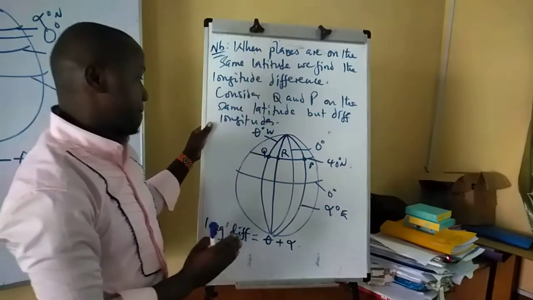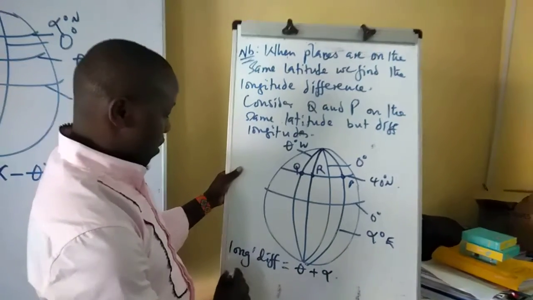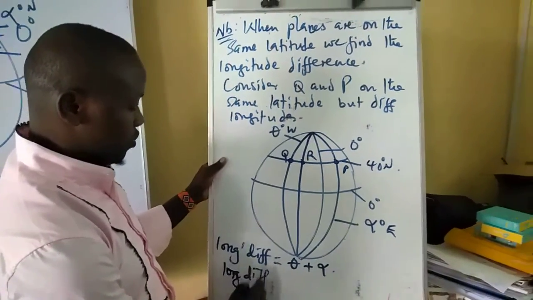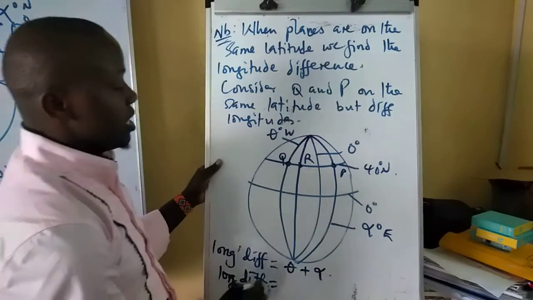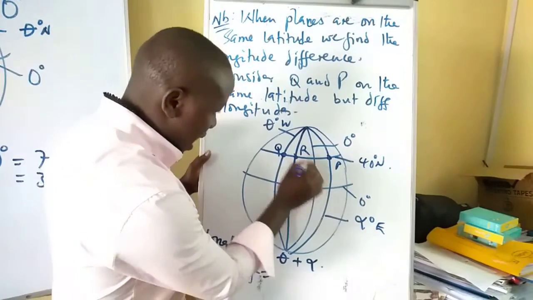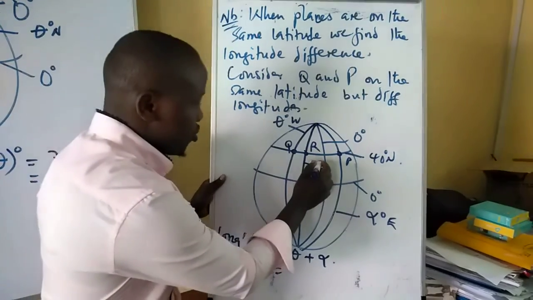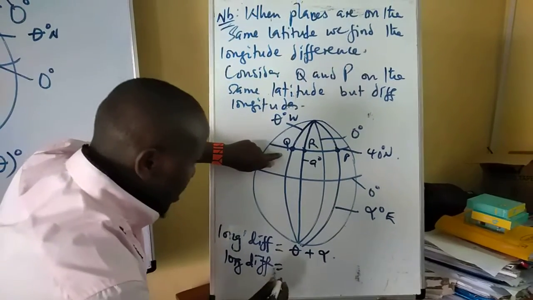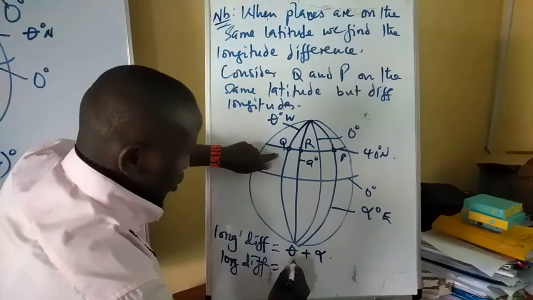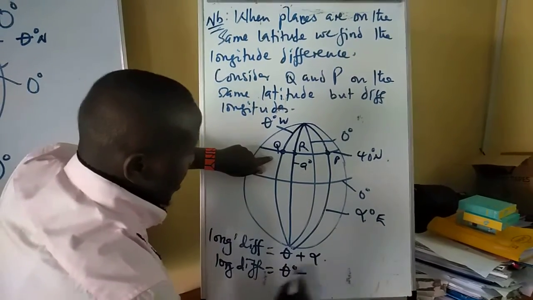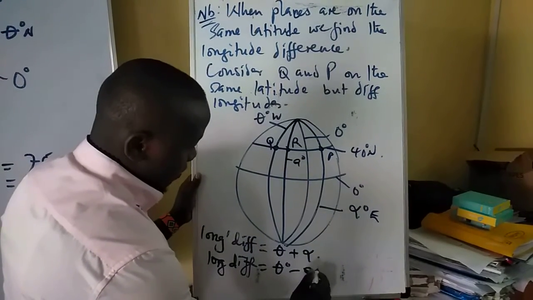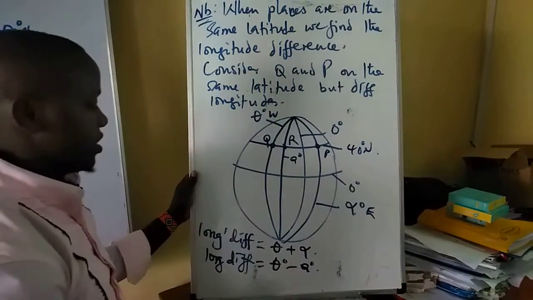And therefore the longitude difference, if this is at a small angle A degrees, is the angle where Q is, theta degrees, and then we subtract the angle where R is, that's A degrees.